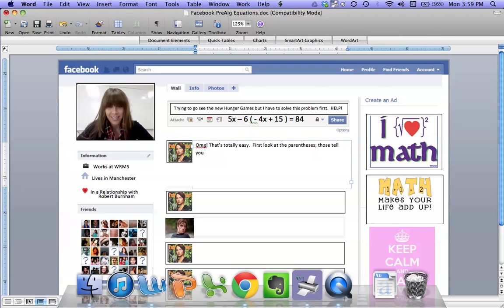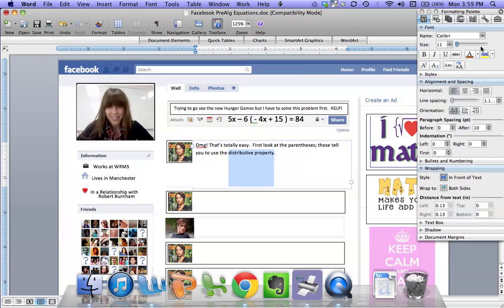Those tell you to use the distributive property. So we're definitely going to be using those key math vocabulary terms, and I'd love for you guys to go in, highlight those math terms somehow.